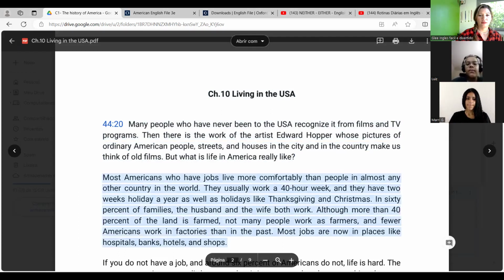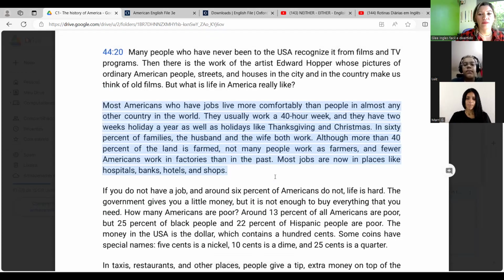Most Americans who have jobs live more comfortably than people in almost any other country in the world. They usually work a 40-hour week, and they have 2 weeks holiday a year, as well as holidays like Thanksgiving and Christmas. In 60% of families, the husband and the wife both work.